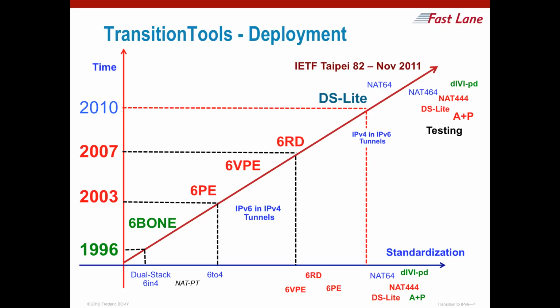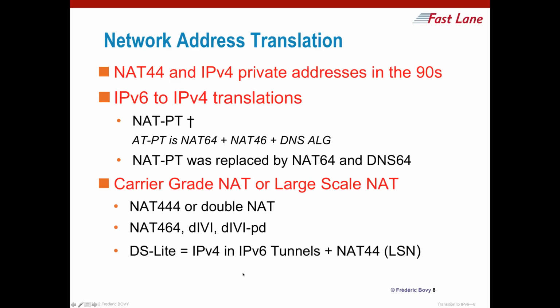Below the arrow you can see that a lot of protocols are still testing but not much deployed. And below the blue arrow down is the standardization, and actually you can see when the RFCs were published.